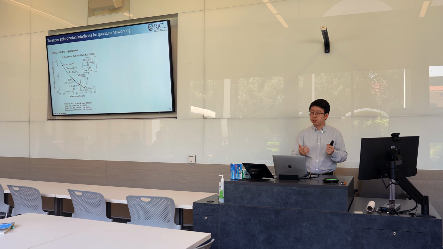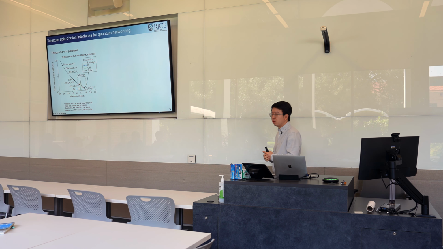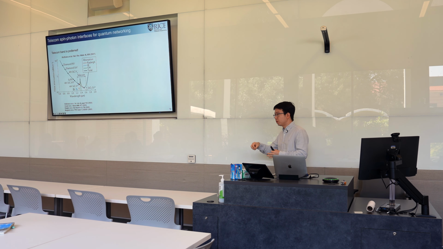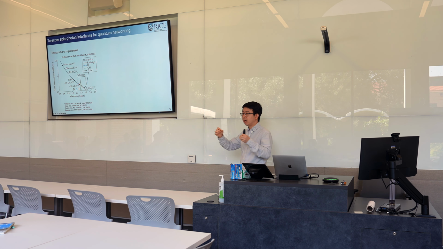We're talking about something like 0.2 dB per kilometer. After 100 kilometers, you are still talking about 20 dB loss, right? So there, you need to do this thing called quantum repeater, which is a little bit beyond what we can cover today. But the idea is that this quantum repeater is helping you to extend the range that this networking protocol can go. Okay.